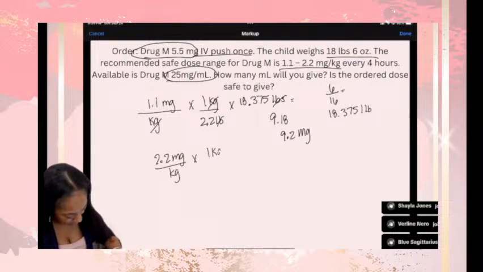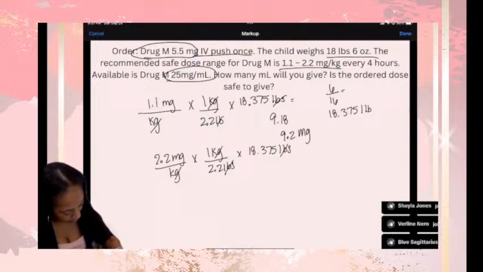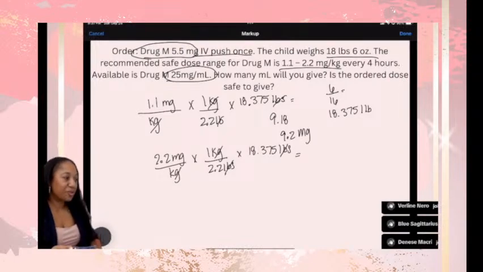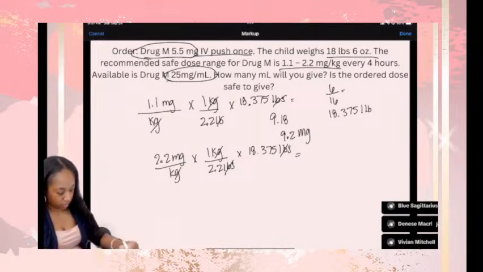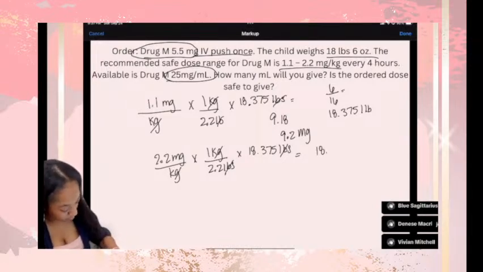All right, 1 kg over 2.2 pounds. Kg crossed out. You put your weight. Pounds crossed out. You're left with your milligrams, okay? And 2.2 times 18.375 divided by 2.2. So that's going to be 18.375 milligrams.